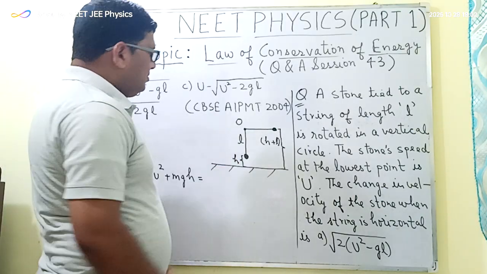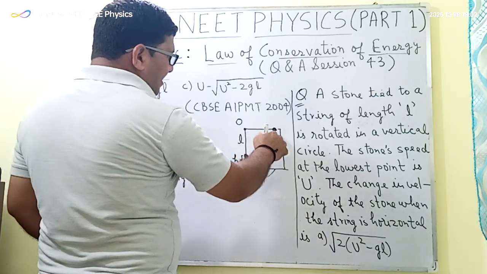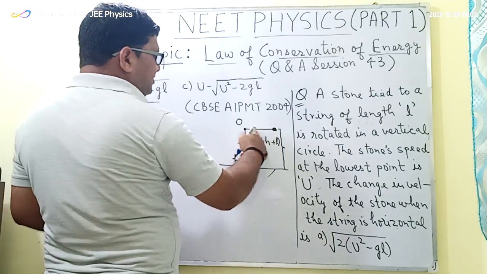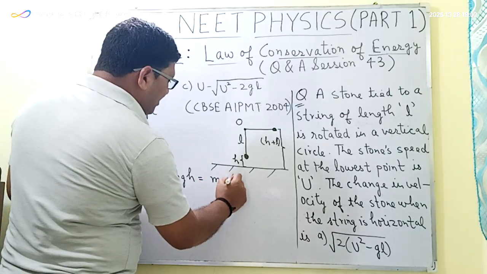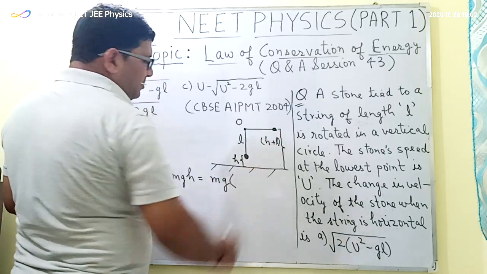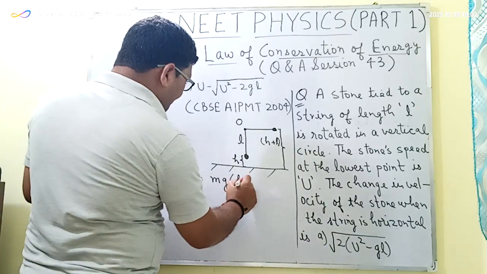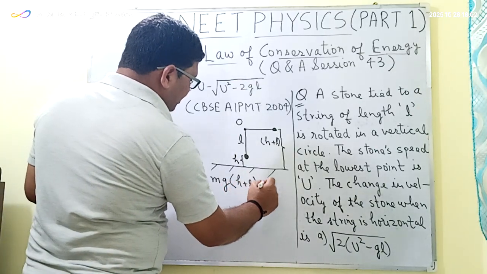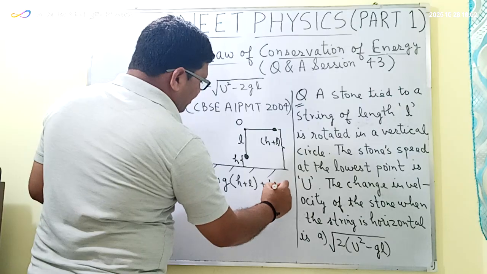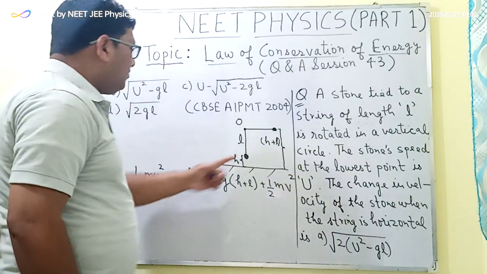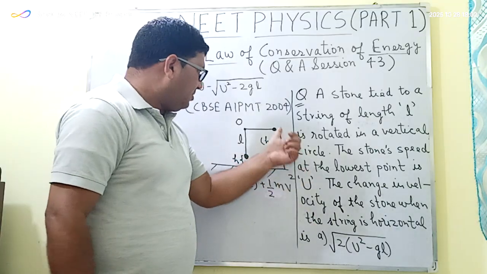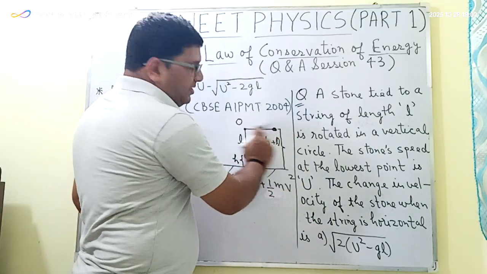And this will be equal to the potential energy of the stone when the string is horizontal, that will be equal to mg times the height of the stone from the ground, which is h plus L, plus the kinetic energy of it, half m v square, where v is the speed of the stone when the string is horizontal.